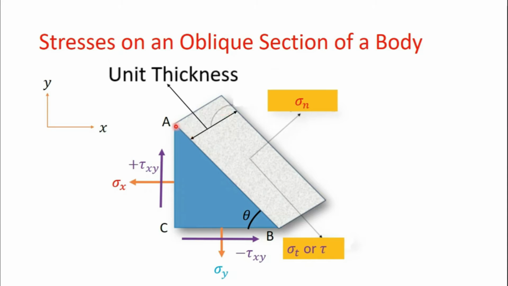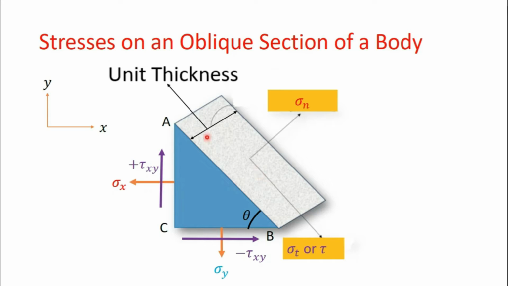So first we have to consider that the thickness of this element is unit. It may be 1 mm, 1 centimeter or 1 meter. So we are considering unit thickness, and again on the face AC sigma x as well as plus tau xy is acting, and on face BC sigma y and minus tau xy is acting, and we want to find what is happening here.